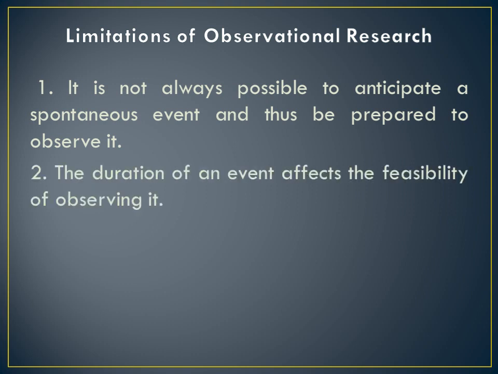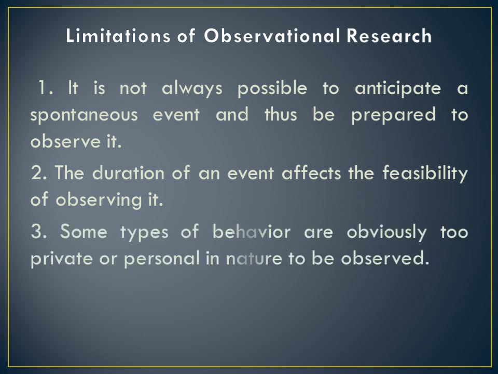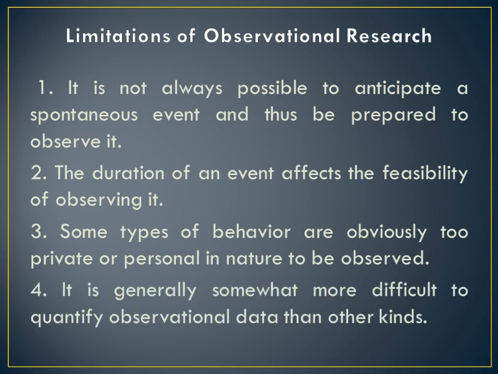Two, the duration of an event affects the feasibility of observing it. Third, some types of behavior are obviously too private or personal in nature to be observed. Fourth, it is generally somewhat more difficult to quantify observational data than other kinds. Behavior simply cannot always be broken down into neat categories.